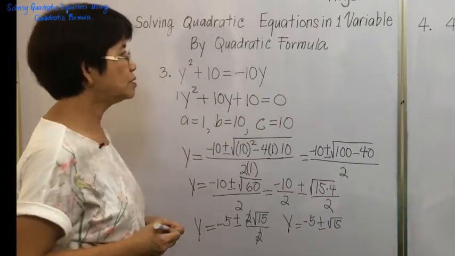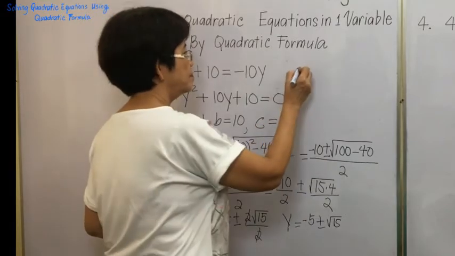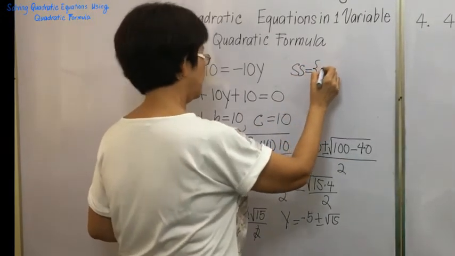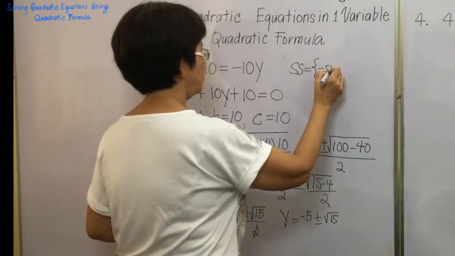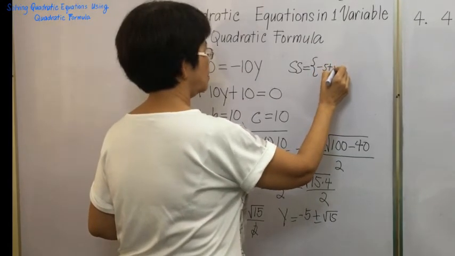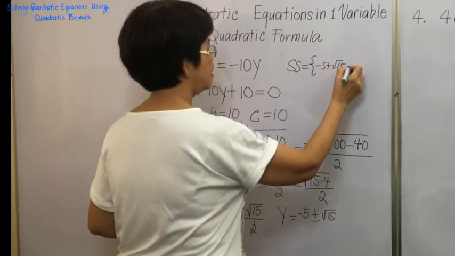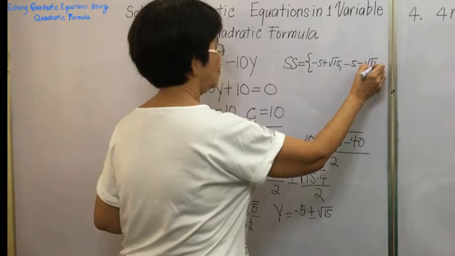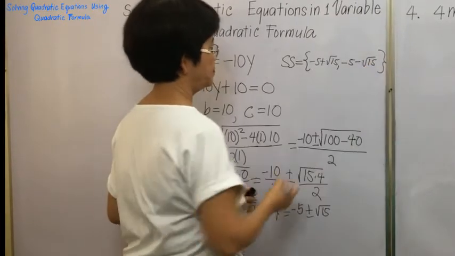So in our solution set, we will have negative 5 plus square root of 15 and negative 5 minus square root of 15.